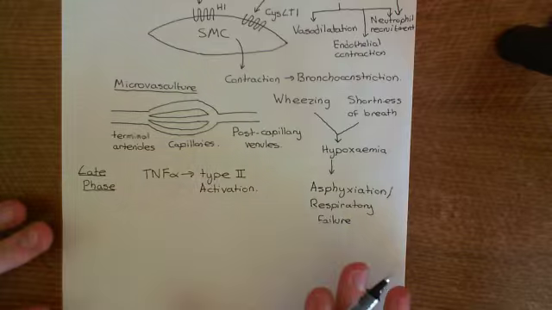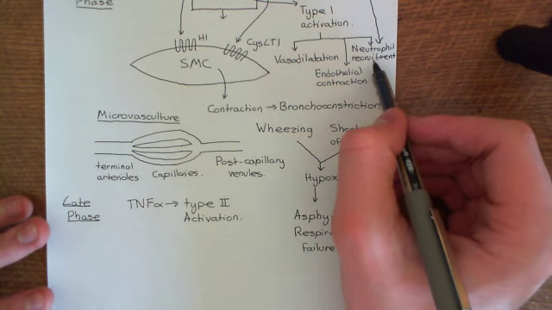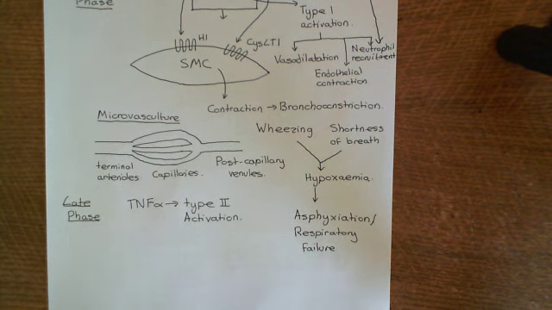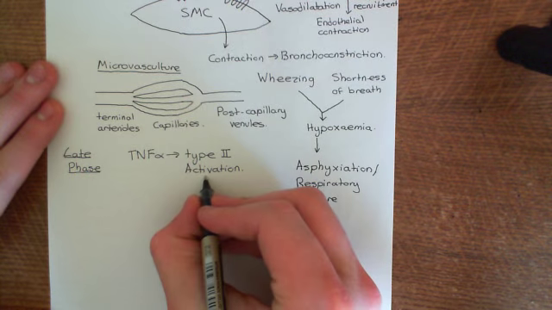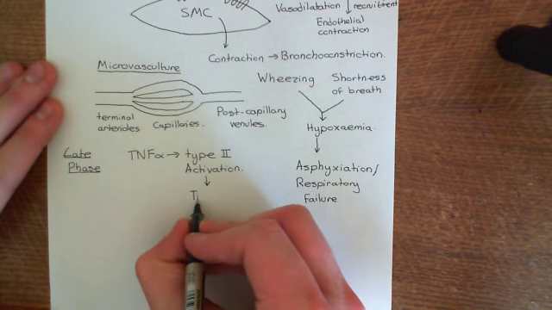Type 1 activated endothelial cells were really only capable of recruiting neutrophils. That's all they did. Whereas type 2 activated endothelial cells can recruit the works, basically. So, type 2 activated endothelial cells start to recruit in T helper 2 cells.